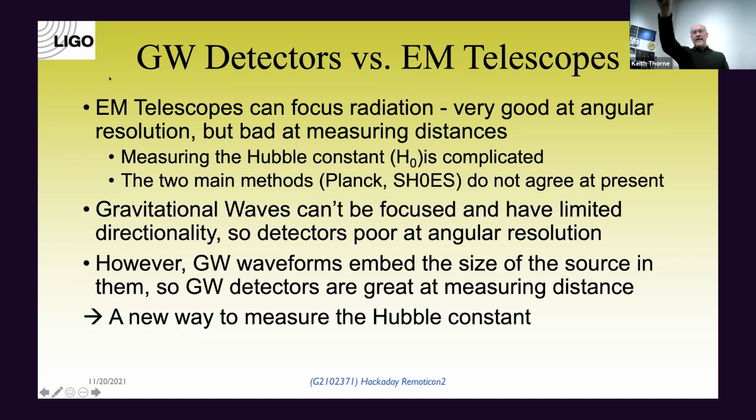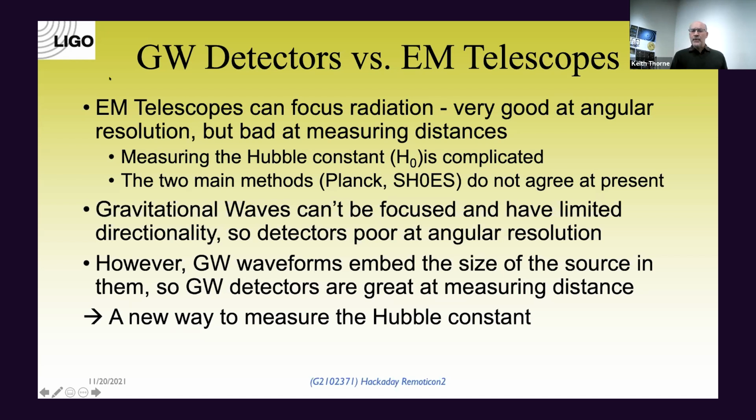They can tell you it's over there, but they can't tell you how far it is. And so they have a very complicated scheme of Cepheid variables and various things. They know how much they should have in absolute brightness. And so it's very complicated to measure something called the Hubble constant, which is how fast space is expanding. There are two main measures they've done. They don't agree at present. The error bars don't overlap.